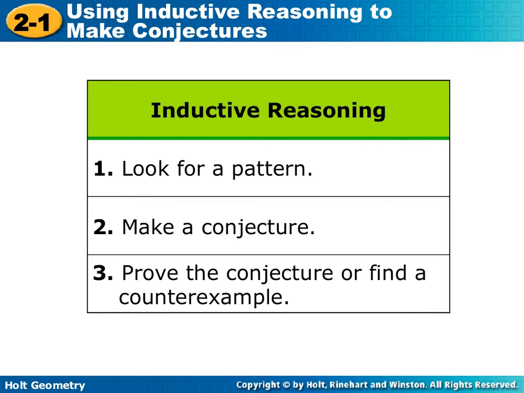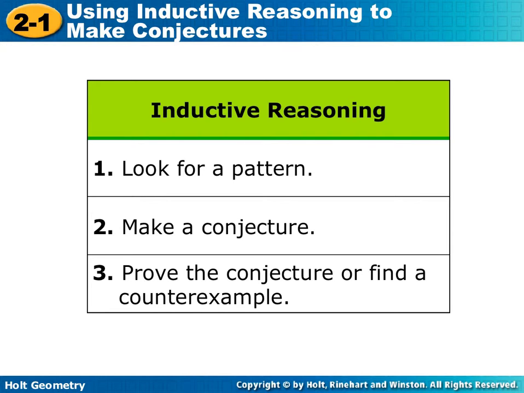Make a conjecture. What's a conjecture? A statement that you believe to be true based on inductive reasoning. And then step 3 is proving the conjecture, which is kind of hard to do, and we really haven't talked about how you prove it yet.